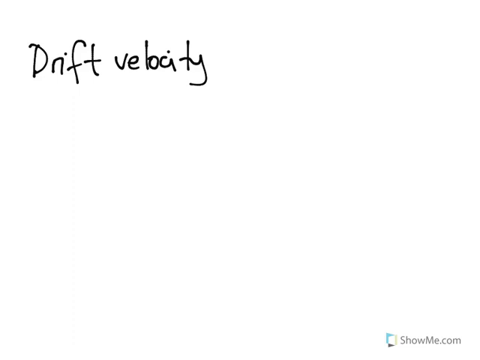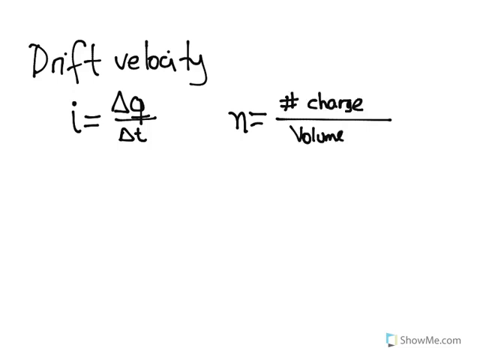We remember from the past that the current is going to be equal to the amount of charge per unit time, and we're going to define a new variable which is called the charge density. This is the amount of charge per unit volume.